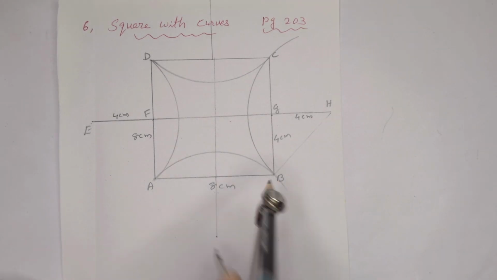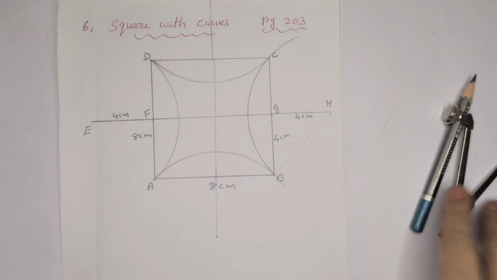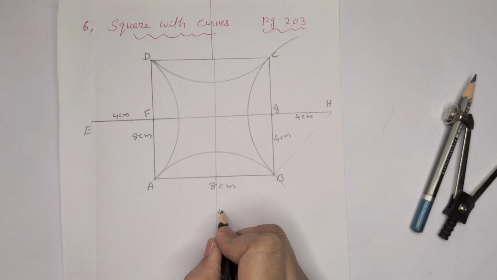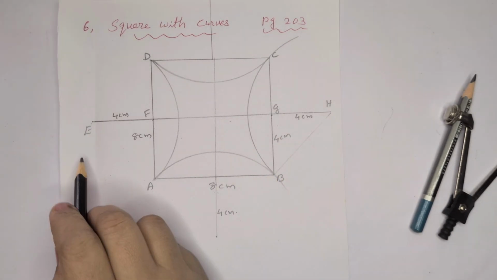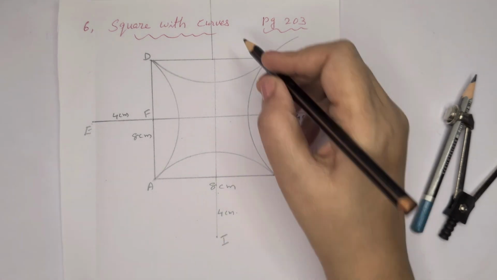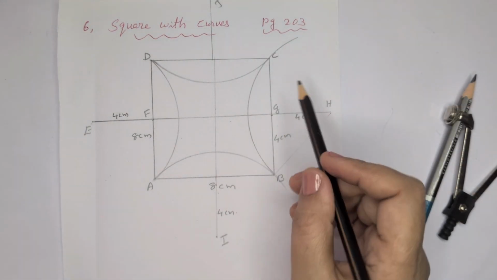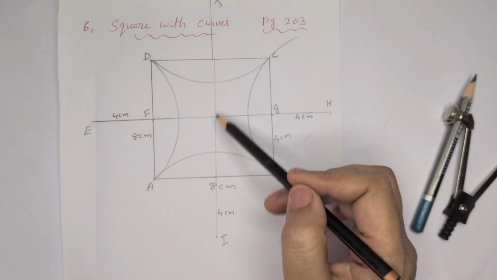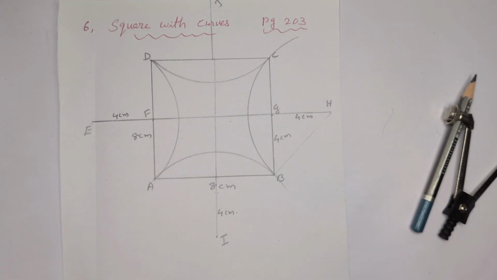That will pass through the corners of the square. Everywhere 4 centimeter we have to extend. E, F, G, H, I, J here. And then after that we can erase these lines.